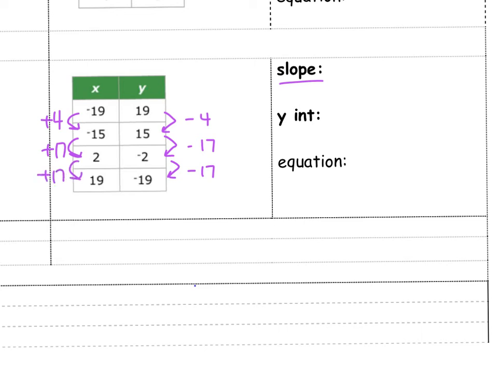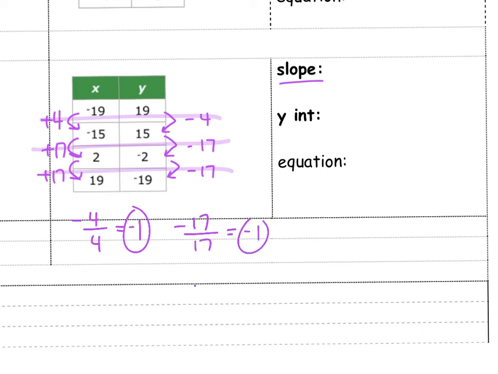So what we're going to do is we're going to actually think about each of these as individual slopes. So my first change of y over change of x was negative 4 over 4. Well, that's just negative 1. My second two were the same. They were negative 17 over 17. Well, that also is just negative 1.